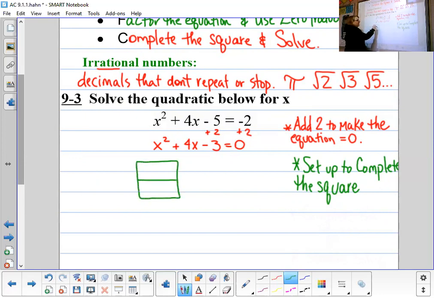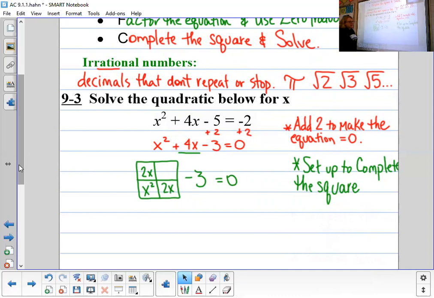Just a quick reminder, when you are completing the square, you put your x squared in the bottom left, you split your x's in half, and you put half of them on each diagonal. And then I'm going to put -3 on the outside, equals 0. I'll give you a second to write that down.